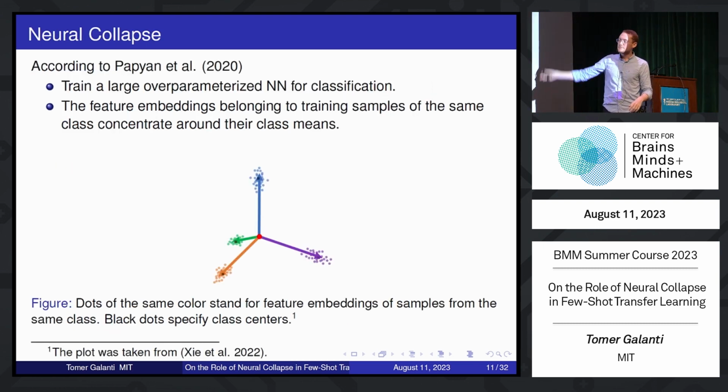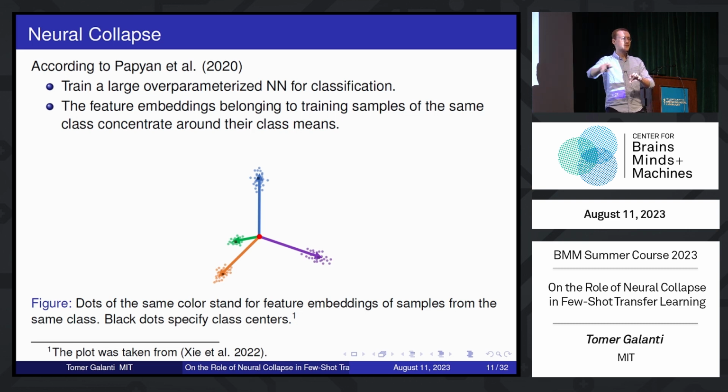And neural collapse, for those of you that were not present in the previous talk, basically the idea is that we train a large neural network for classification on some data set. And then we look at the embeddings of the training samples. They tend to cluster with respect to their class means.